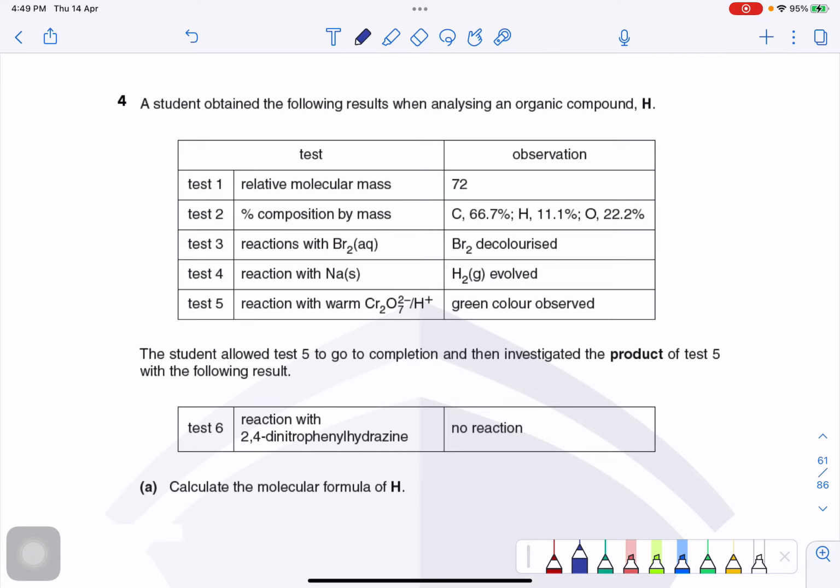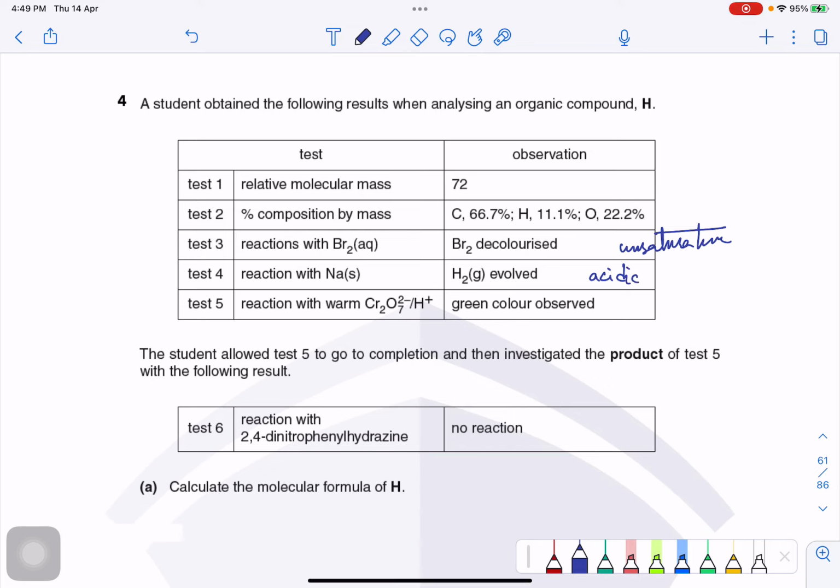What's happening here? A student obtained the following results when analyzing an organic compound. Relative molecular mass is 72. Br को decolorize करता है. That shows this is unsaturated. It is acting as an acid.